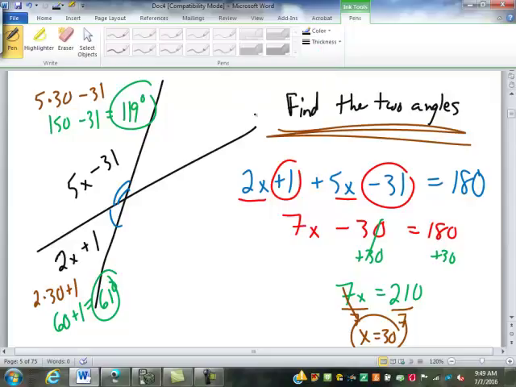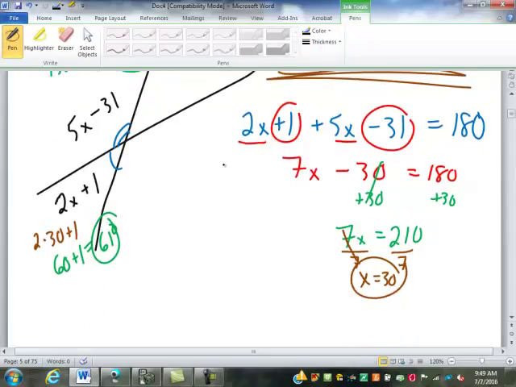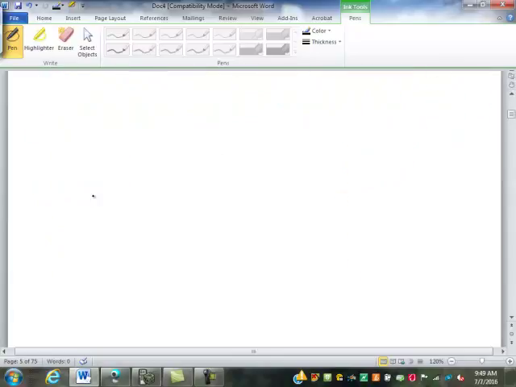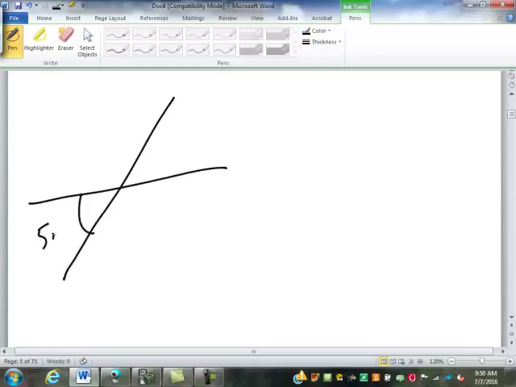Well, let's try another one. Try that one quick. What's the relationship between these two?